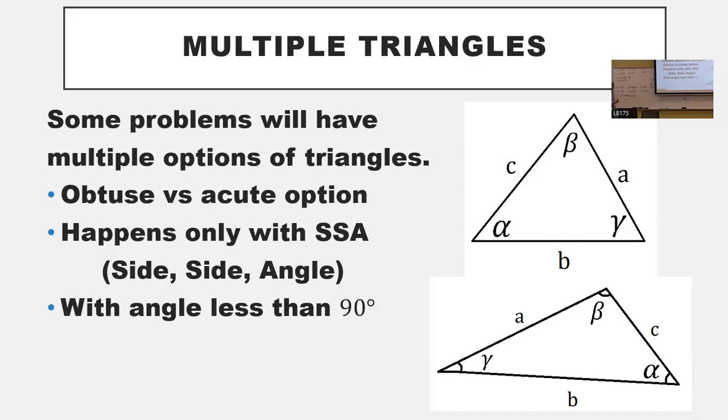That only happens when we have one angle and two sides. And it only can happen with an angle less than 90 degrees as the given angle, because then the supplement won't work.